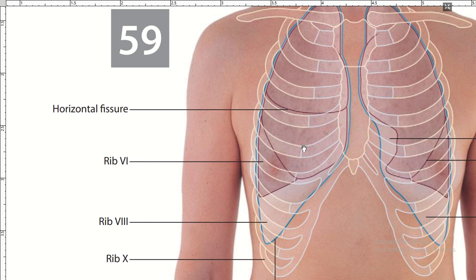In the mid-clavicular line, the inferior border of the parietal layer is at rib number 8: 6 plus 2, 8. In the mid-axillary line, the inferior border of the parietal pleura is at the level of rib 10, 8 plus 2. And then posteriorly, it is along the level of T12.